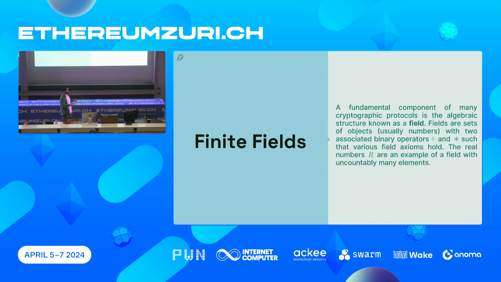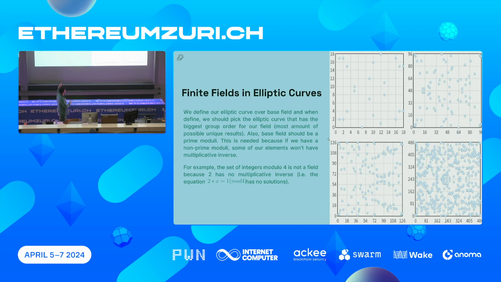For a good field example, we can say the real numbers R. And if you restrict it with a modulus, you will get a finite field. Then you can put your elliptic curve equation on this and restrict your elliptic curve with this finite field. You will get something like this, for example.